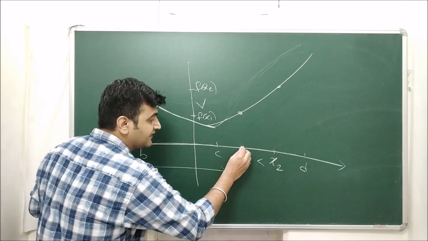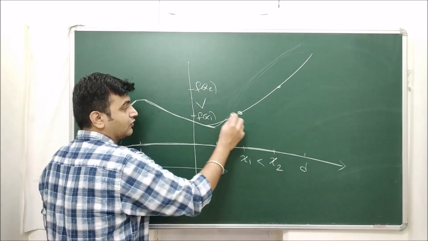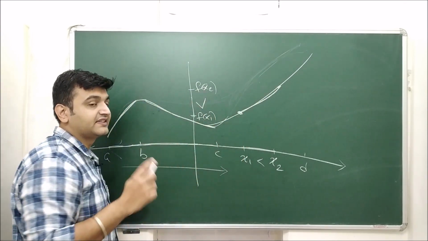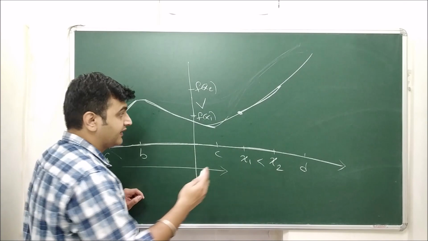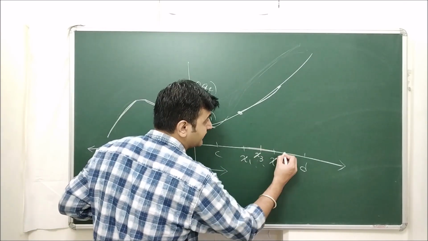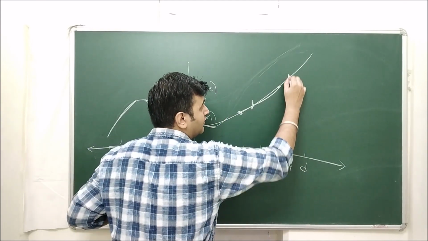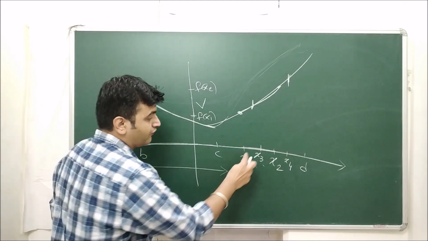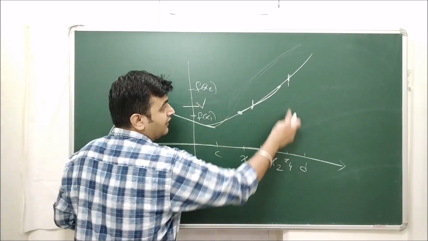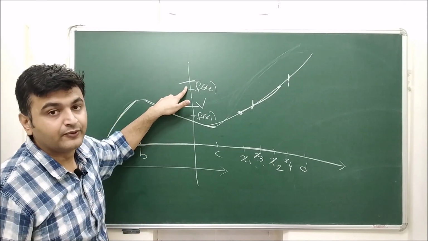So for an increasing function, their images should also follow the same inequality. Take any, suppose I call this x3 and this x4. For x3 and x4 also you can see this is my f of x3 and this is my f of x4. So f of x3 is less than f of x4.